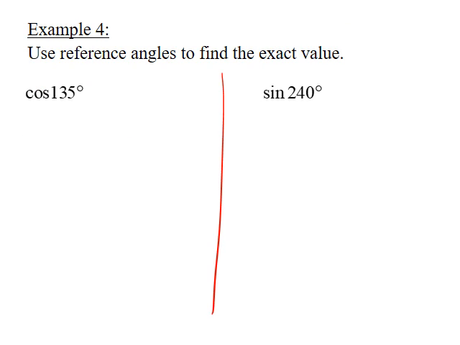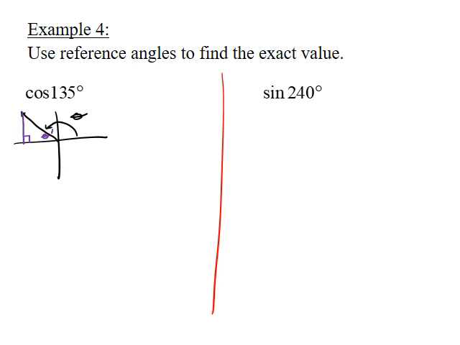Okay, here we go. In this first example, we have cosine of 135. If you want, you can sketch a picture. 135 degrees is here. This is angle theta. Remember, we drop a perpendicular to the x-axis. This is our reference angle.